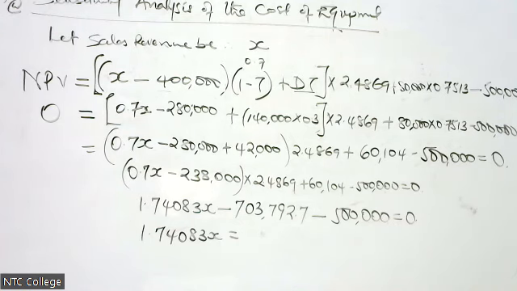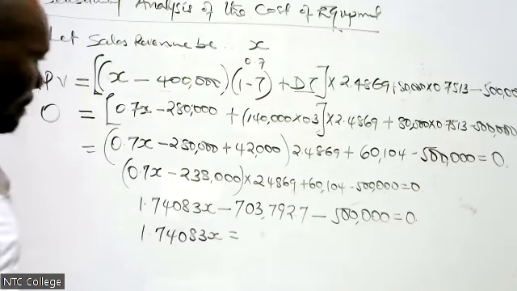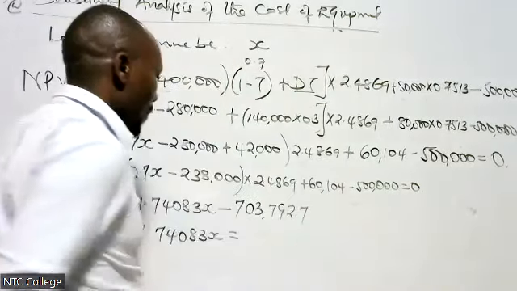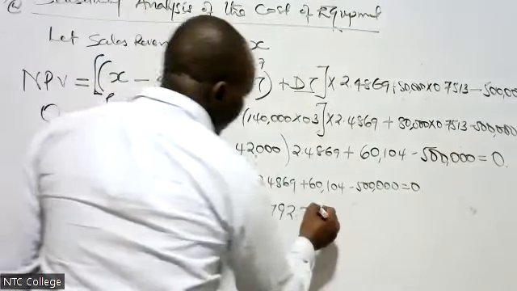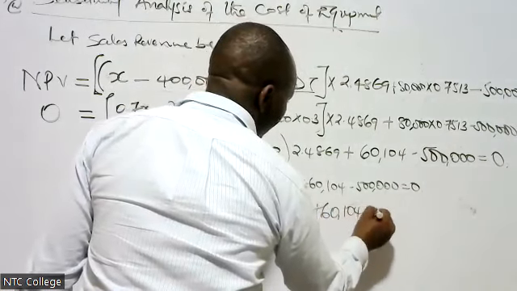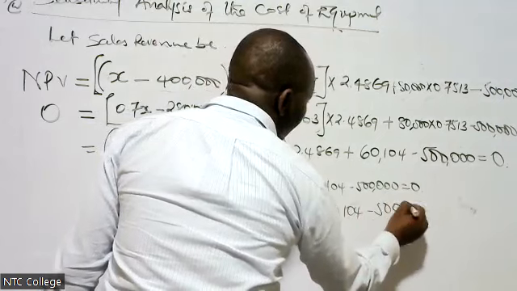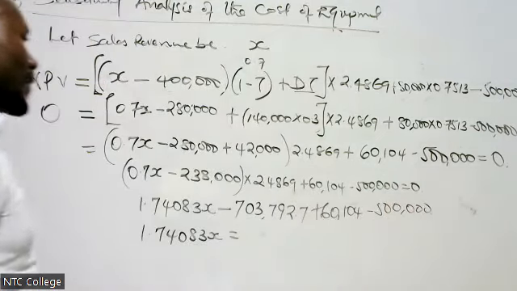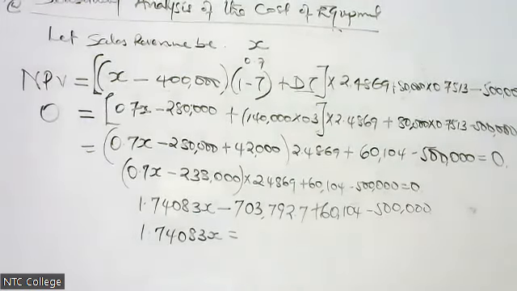Did I calculate them correctly? So you're having this one plus 60,104 minus 500. I was almost forgetting this. Let me calculate if it is really like that.